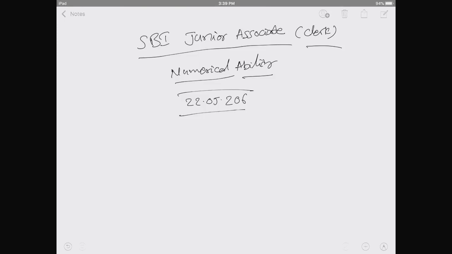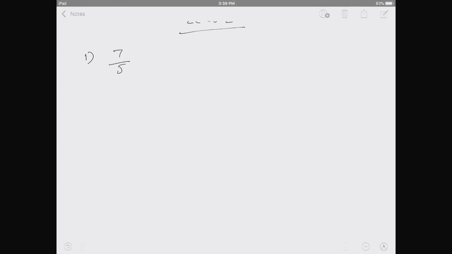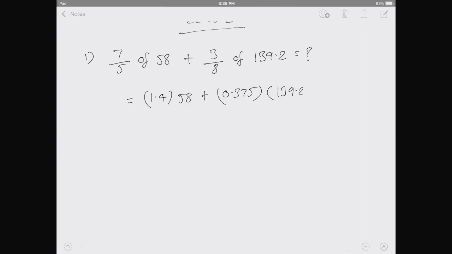So the first question: 7 divided by 5 of 58 plus 3 divided by 8 of 139.2 is equal to question mark. Here you have to answer what is the final result. 7 by 5 is equal to 1.4. 58 plus 3 divided by 8, 0.375, of 139.2.